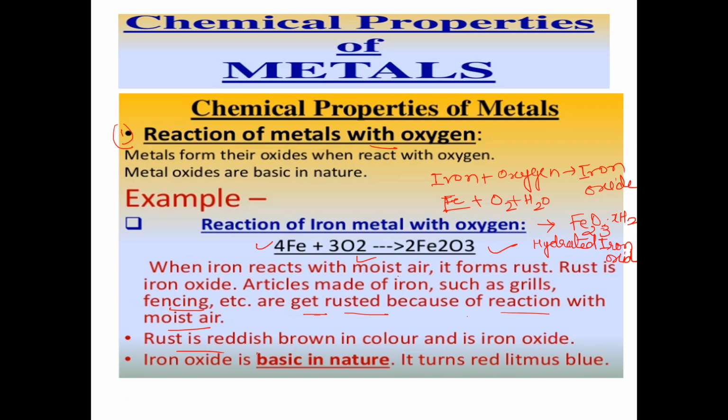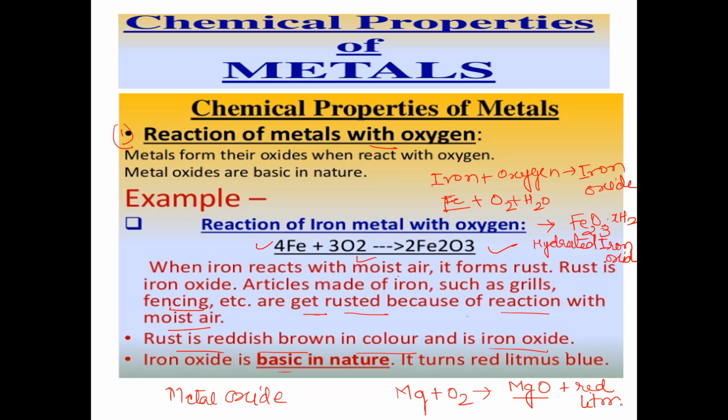What is rust? It is reddish brown in color and is iron oxide. Iron oxide is basic in nature. All metal oxides are basic in nature. You have seen burning of magnesium ribbon. So magnesium ribbon, when it burns in air, forms a white color solid, magnesium oxide, and you have tested also with red litmus paper.